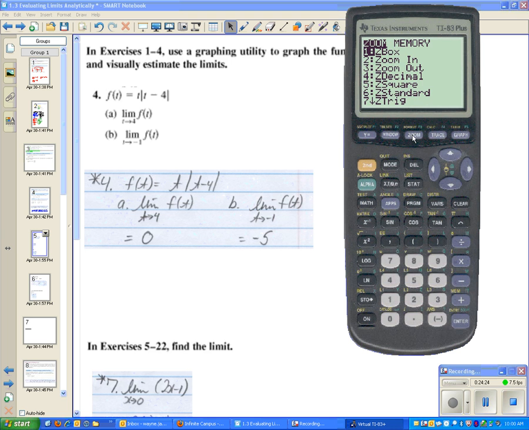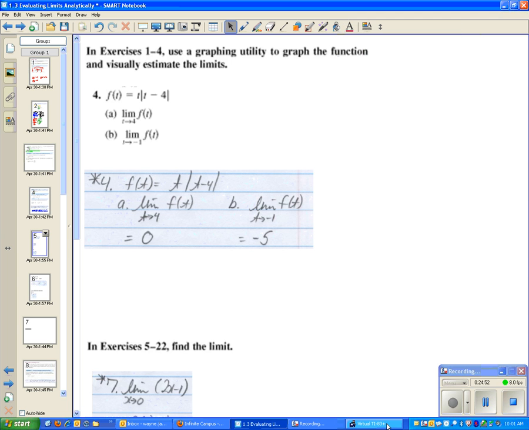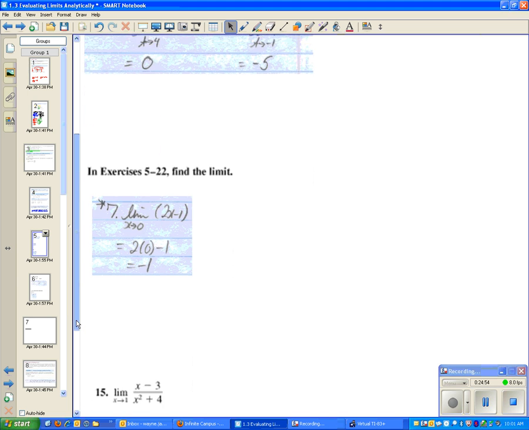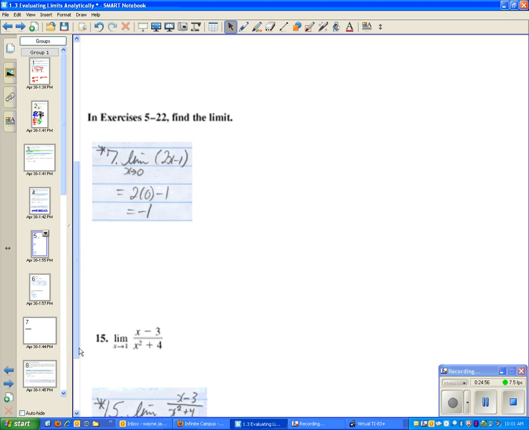So if I do zoom decimal, then it goes by tenths. So when I trace this, as x approaches -1, I get closer to -5 no matter which way I go. So -5. So no algebra involved. I could probably use algebra, couldn't I? But there we go. So don't forget the trace feature of your calculator.